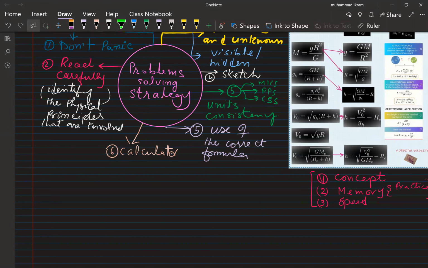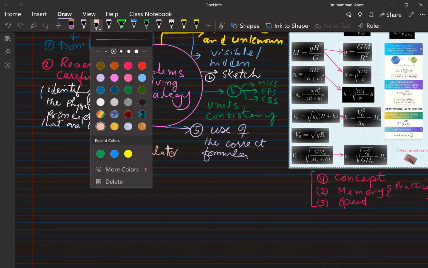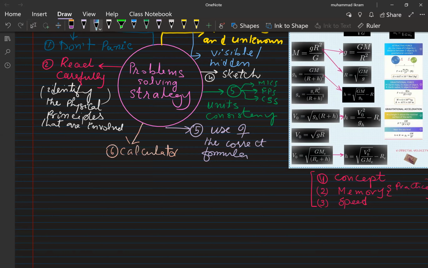The next important point is the seventh point: check your solution.